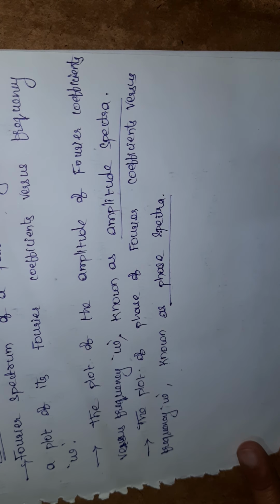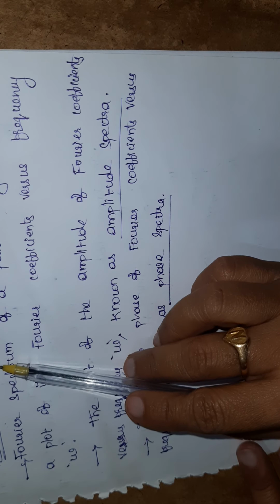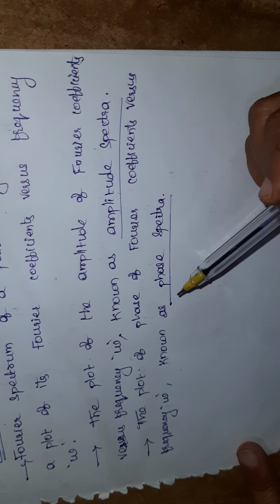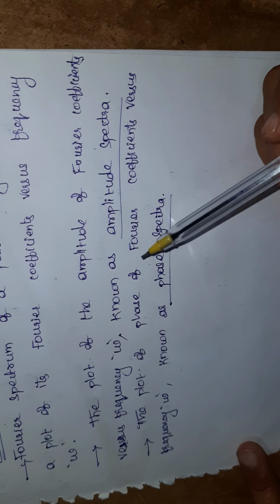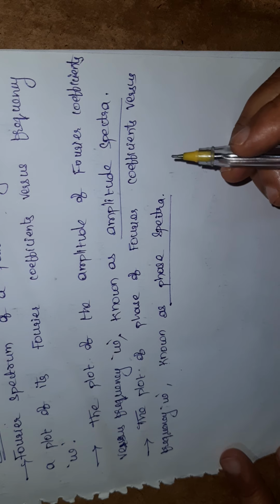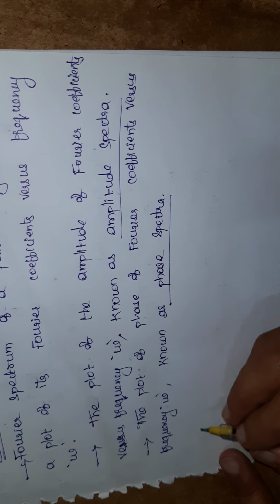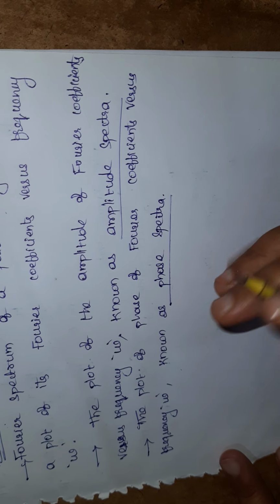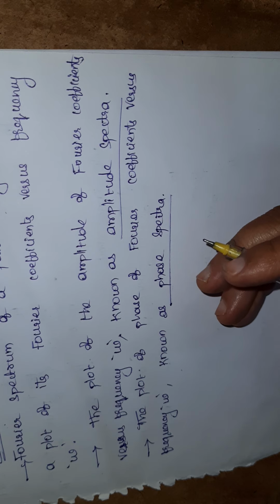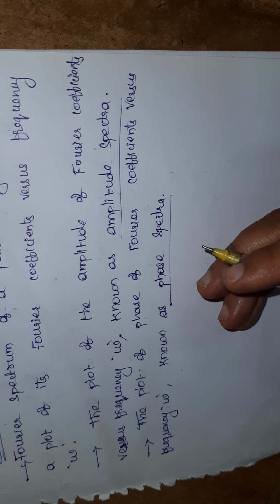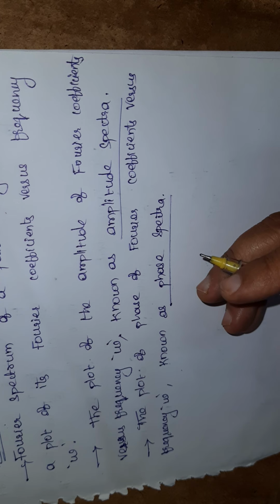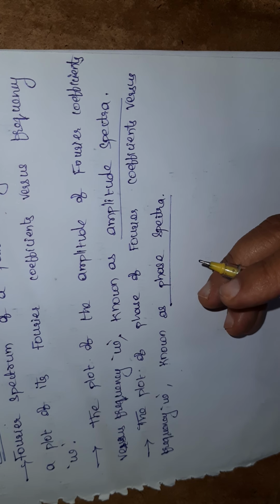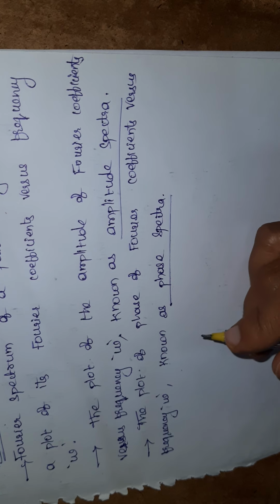So this type of representation is also called frequency domain representation. Spectrum is nothing but on x-axis we consider frequency. Here the Fourier spectrum exists only for discrete values of small n, because the Fourier coefficients A0, An, Bn in trigonometric Fourier series, and Cn in complex exponential Fourier series, have n as an integer discrete value.